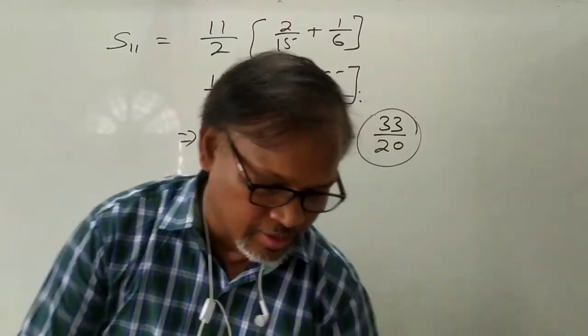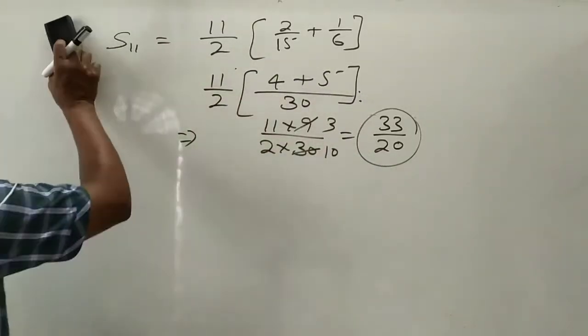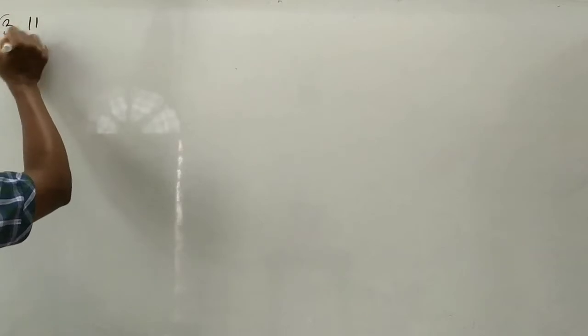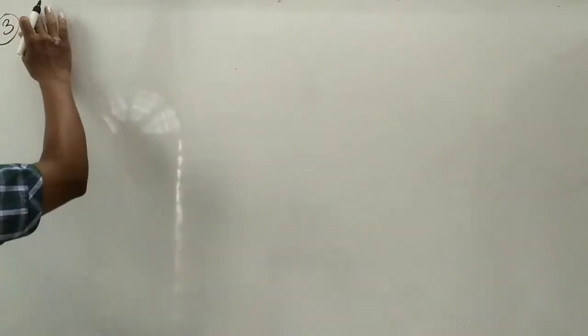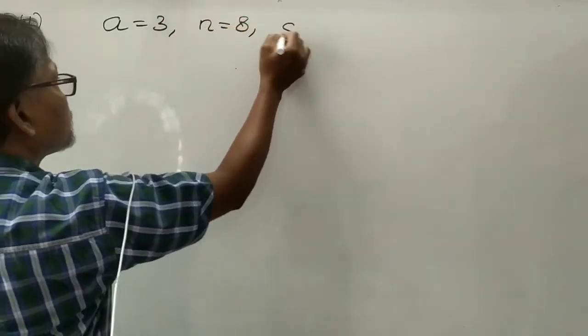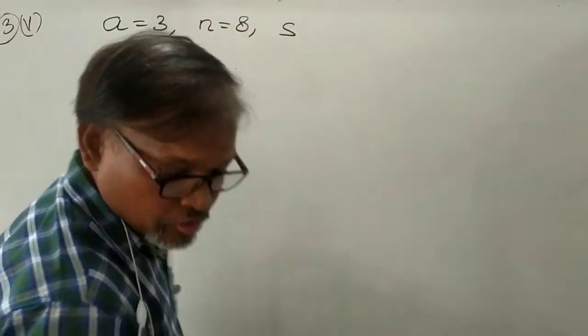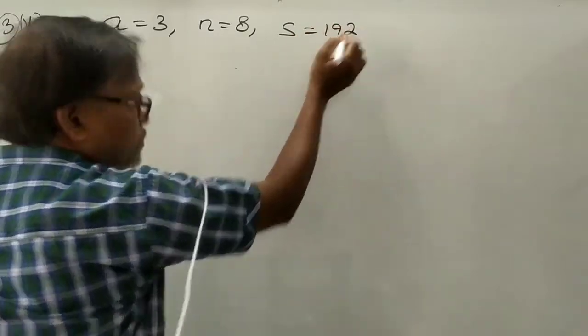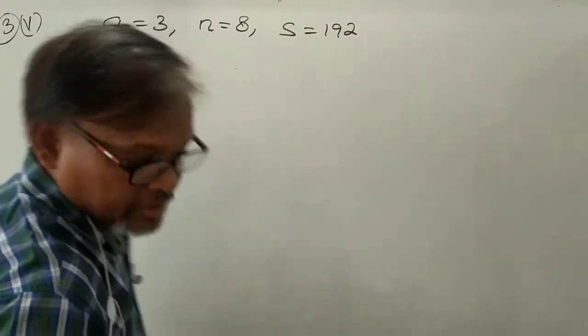Like the third question, fifth part: a is equal to 3, n is equal to 8, S is equal to 192.